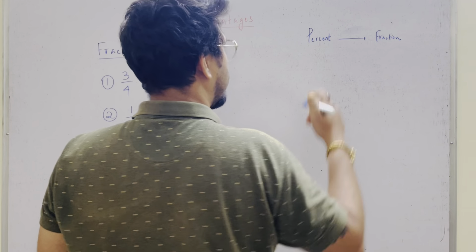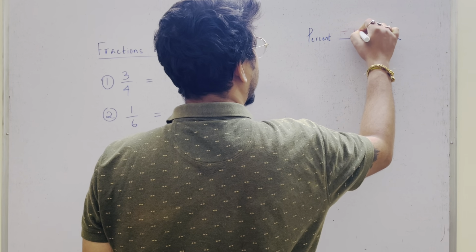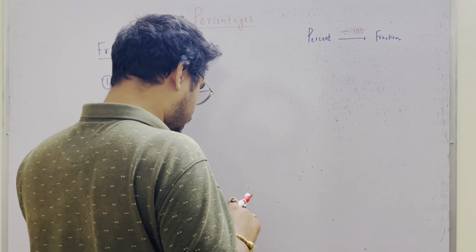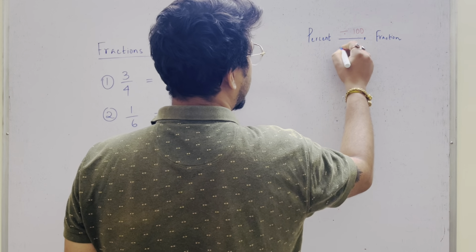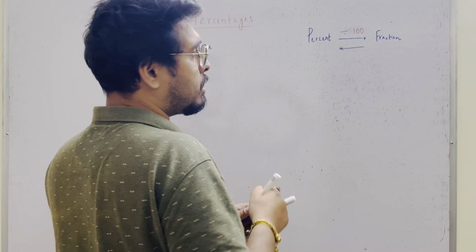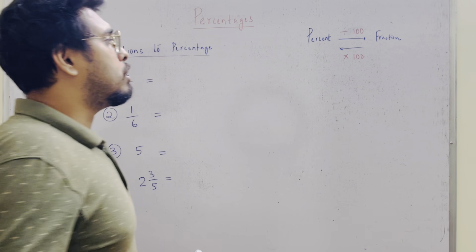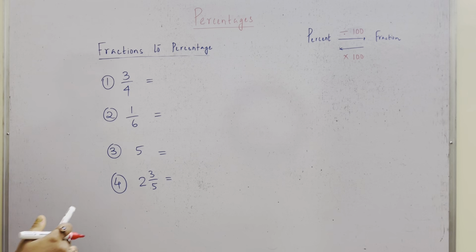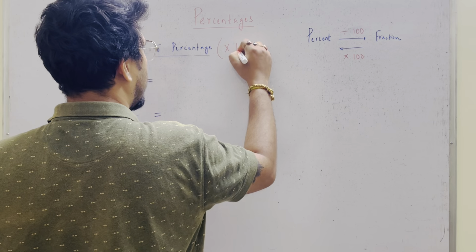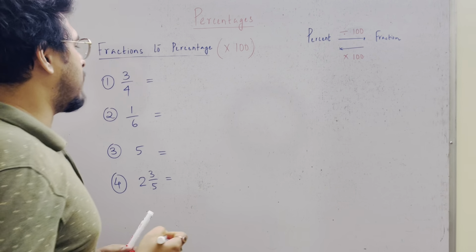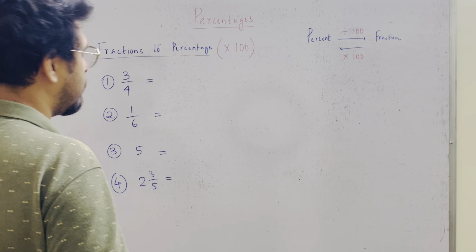If it is the other way around, that means if we have to convert the fraction back into percentage, then we have to do the reverse operation, that means multiply by 100. That is the same strategy we are going to use with all of them.